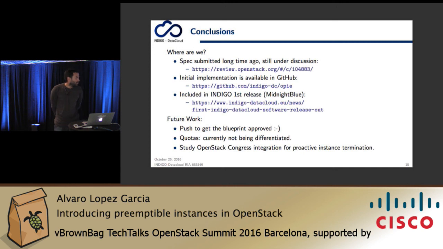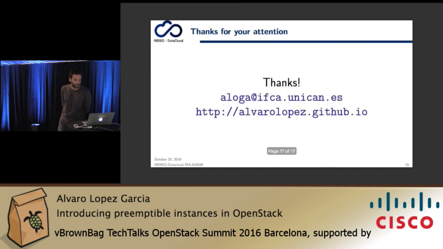And then we are also starting to study OpenStack Congress for proactive instance termination based on some policies defined by the provider, so that we are not only doing reactive scheduling, that is, terminating instances whenever we cannot schedule them, but also doing proactive termination whenever we consider that we are at risk of filling completely our resources. So that's all, and thank you for your attention.